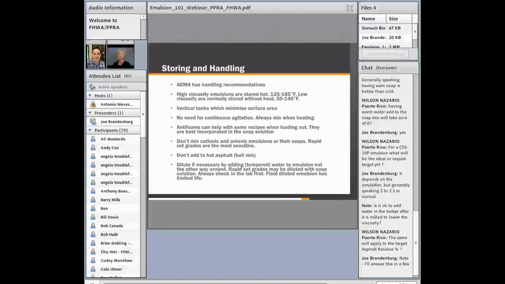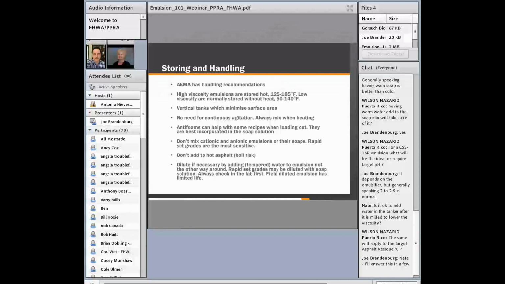You aren't going to have a big explosion or anything, but you can't pump that broken asphalt off that tanker truck, and you have a real mess on your hands. So if you do have a trailer that you use between cationic and anionic, make sure that heel on that trailer is as low as possible and or dry.